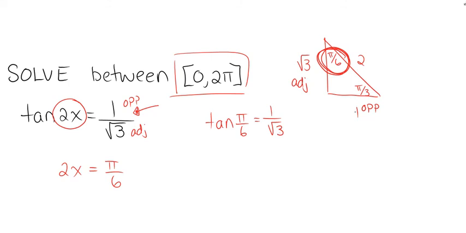Right? Tan pi over 6 is opposite over adjacent, so that's right. And now I just want to find out what x equals, because I know like the whole angle is pi over 6. But if I wanted to just find x, then I'd have to isolate x, so I'd have to divide this by 2.